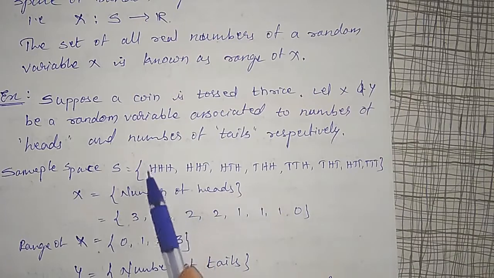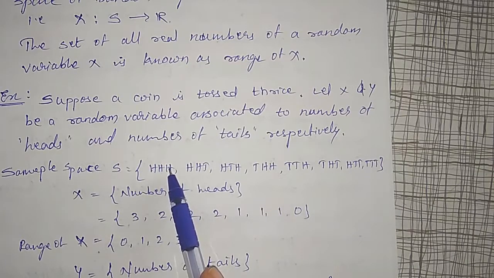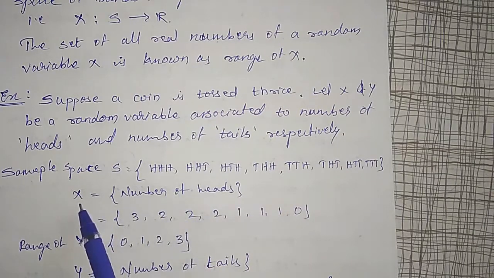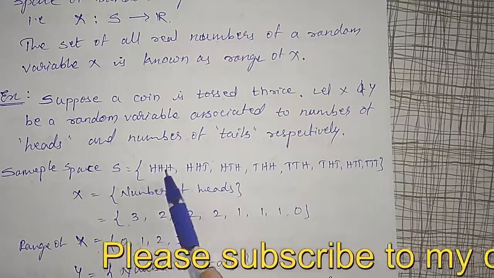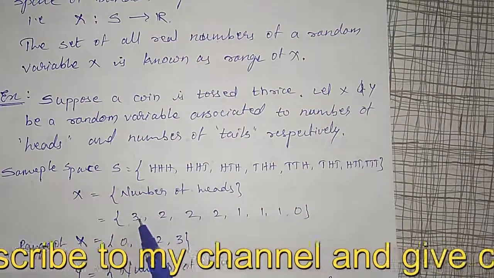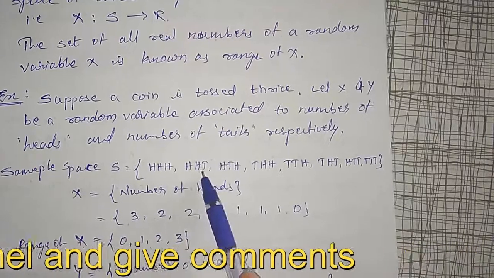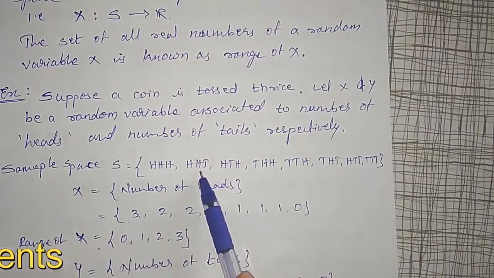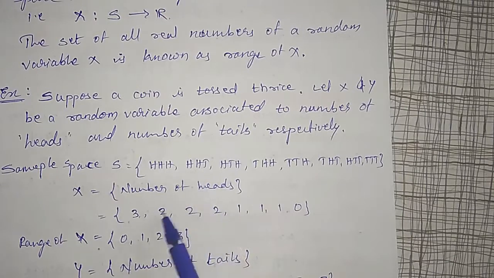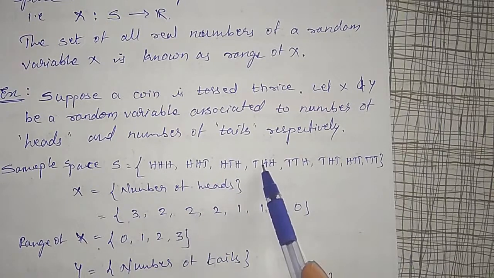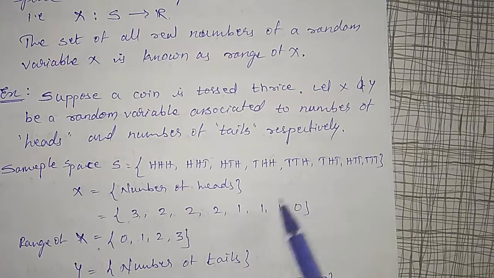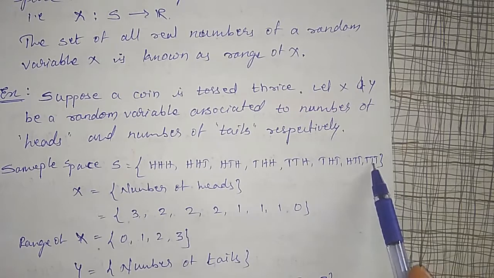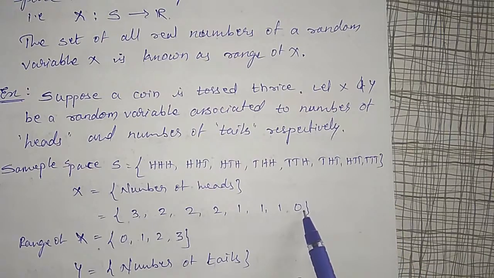For each element of the sample space, I am assigning one real number X as the number of heads. Here the total number of heads is 3, so I assign 3. In the next outcomes, the number of heads is 2, here also 2, then 1, 1, 1, and here no heads, therefore 0.